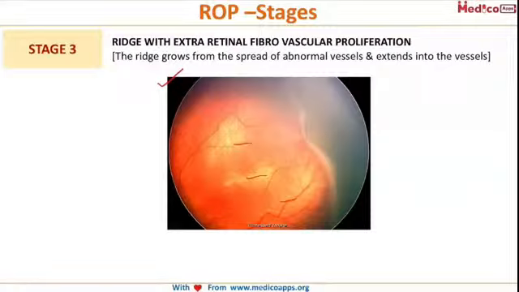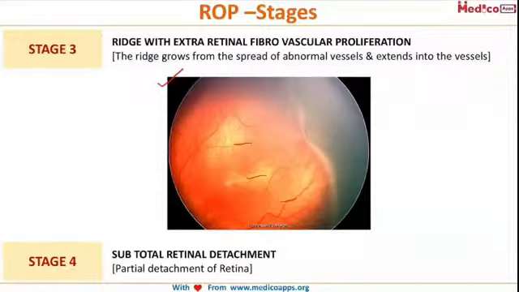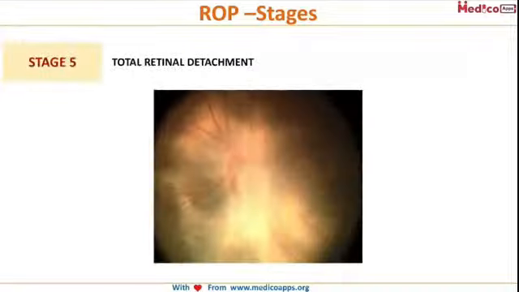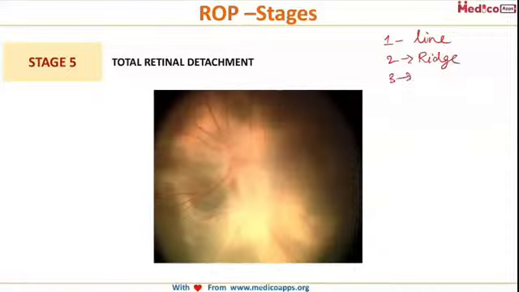Now, when there is fibrosis, we have seen that there occurs retinal detachment. However, this is a partial retinal detachment in stage 4, and when this becomes a complete total retinal detachment, you call it stage 5.